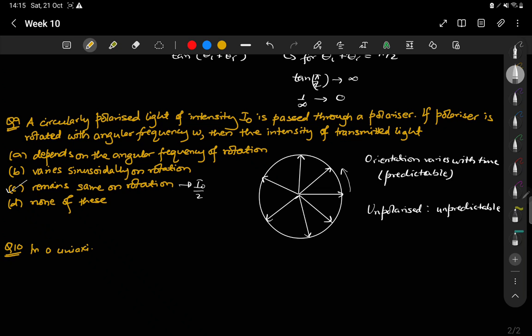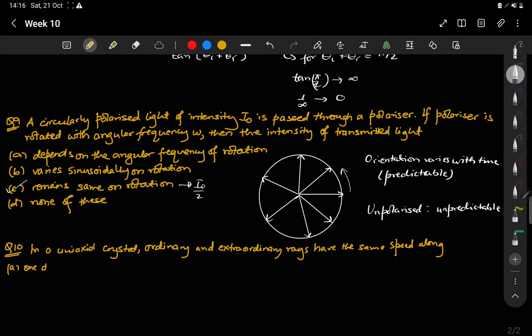In a uniaxial crystal, ordinary and extraordinary rays have the same speed along option A, one direction, option B, two directions, option C, all directions, and option D, none of these.